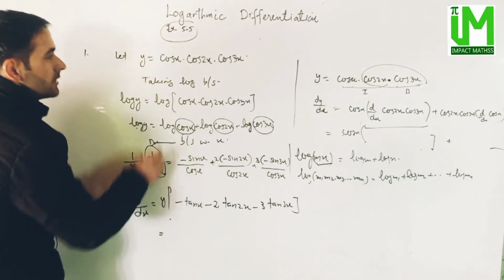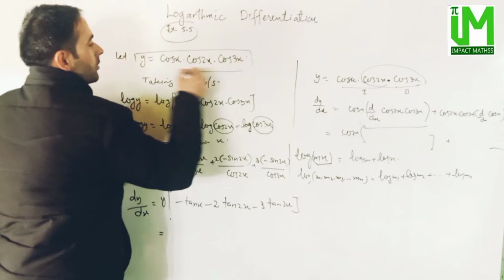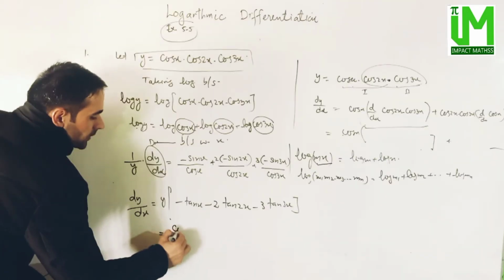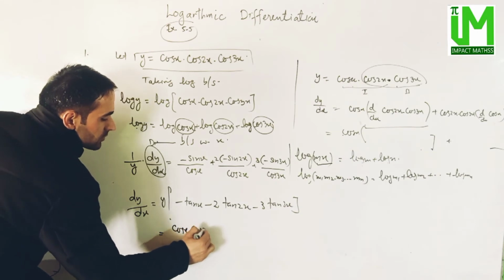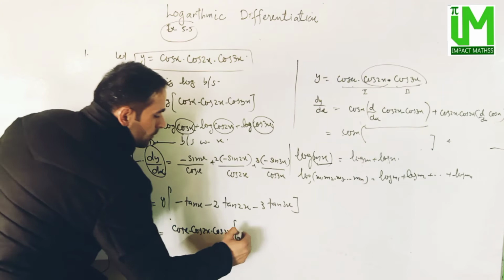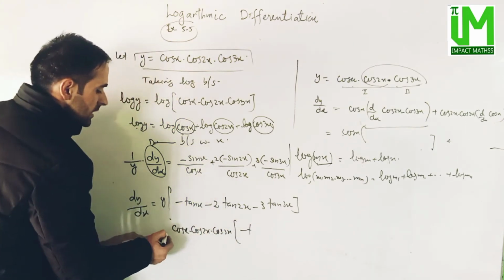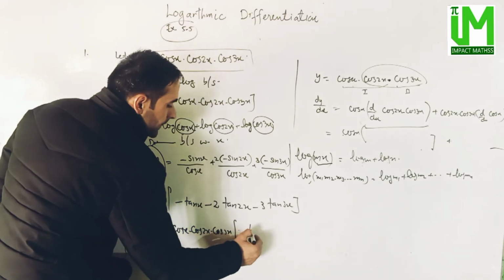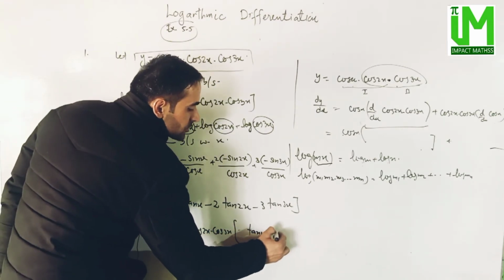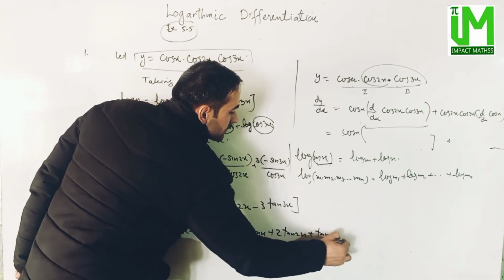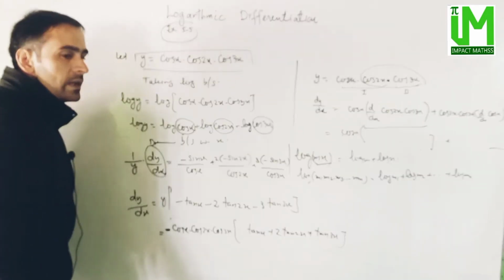Put the value of y. What is the value of y? y is cos x into cos 2x into cos 3x. So it is cos of x into cos of 2x into cos of 3x, multiplied by this term. If we take minus common, the minus can be shifted here. Okay. So it will be plus tan of x plus twice tan of 2x plus 3 tan of 3x. Okay. So that will be dy by dx.